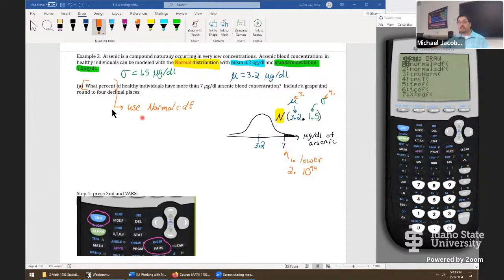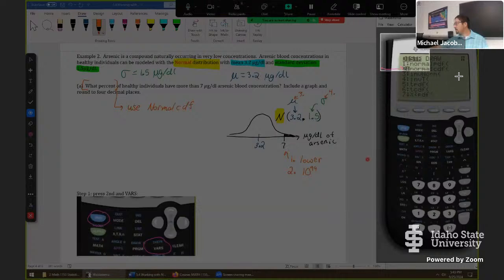Now, if we're using normal CDF, because we're looking for area or a percentage, we need option 2. So go down to option 2 and hit enter right as the calculator looks like this, option 2 highlighted. Let's make that our step 2.